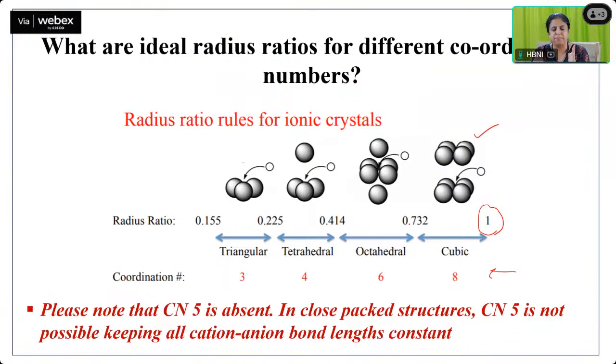That arrangement is stable, and it stays stable till your radius ratio becomes 0.732. Then your cation has become a little smaller to fit 8 anions around it, and it becomes energetically wiser to take fewer anions around it. The coordination number reduces from 8 to 6, so we have an octahedral coordination.